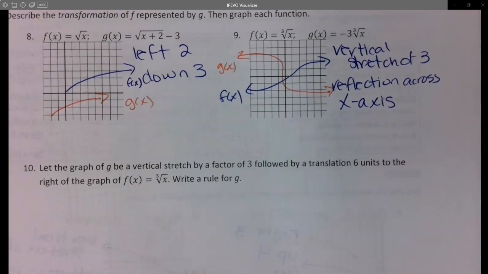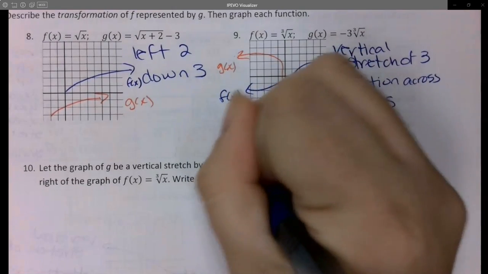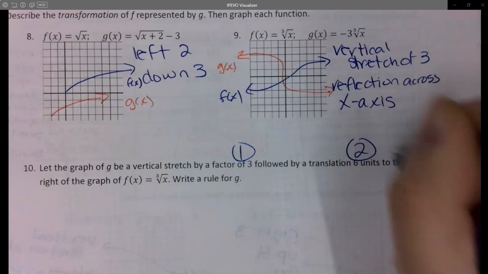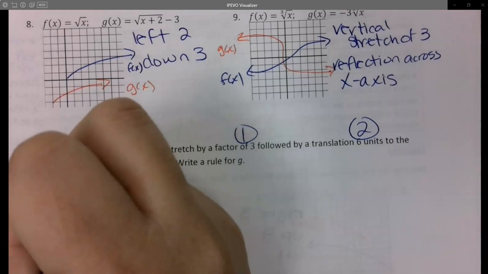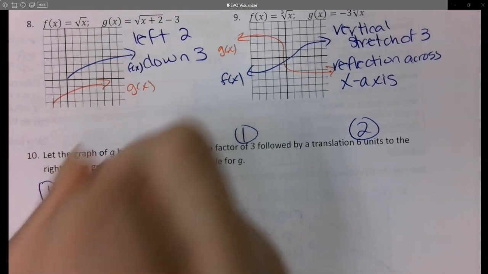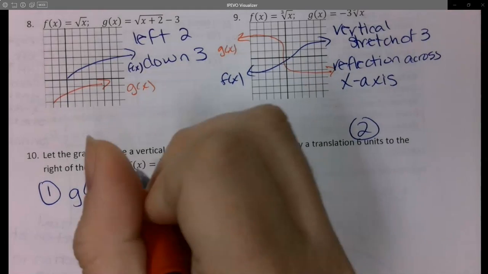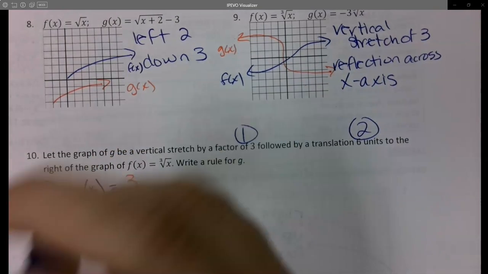Number 10 is having a vertical stretch by a factor of 3 and then going 6 units to the right. So my first transformation, because it is a vertical stretch, is going to multiply on the outside of my original function.